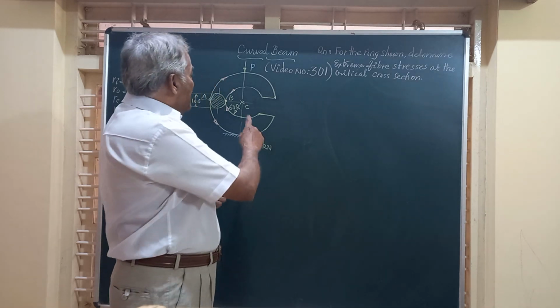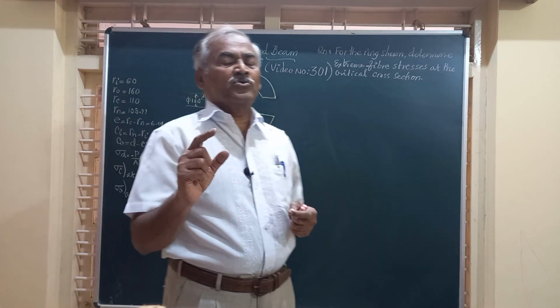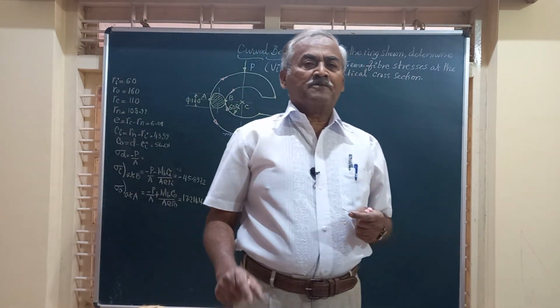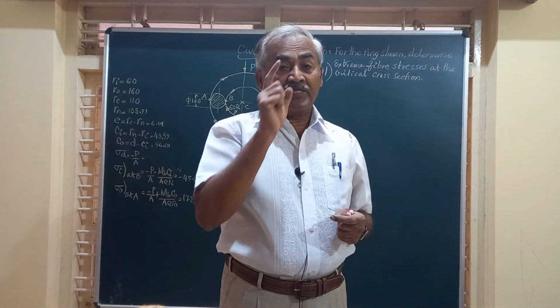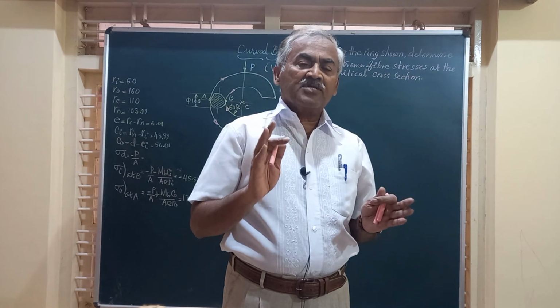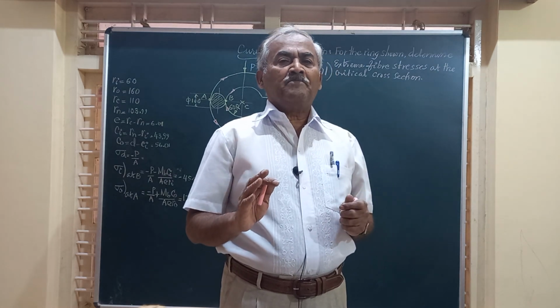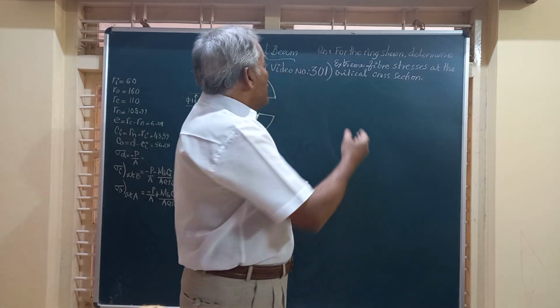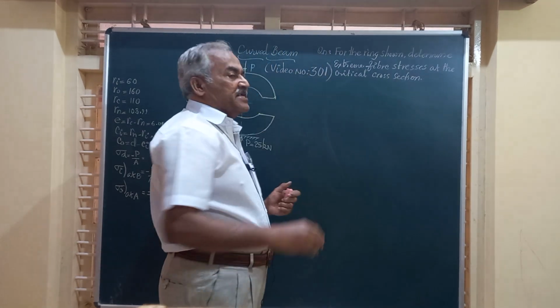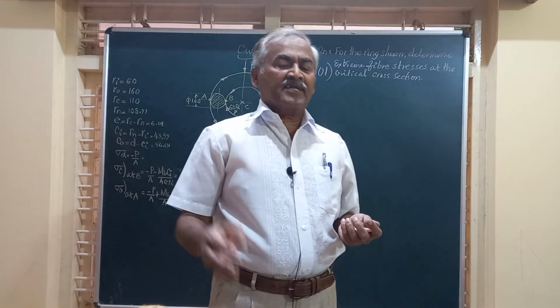Friends, you know very well, this is subjected to two types of stresses. One is the stress due to that load, which is called the direct stress, that is given by the formula direct stress sigma D is equal to the load divided by area of cross section. It is a fundamental concept.